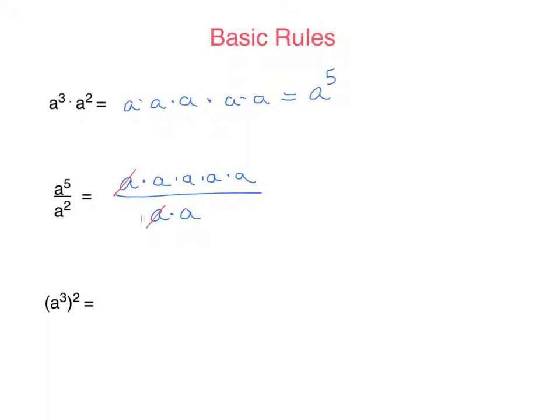This a and this a can reduce, and this a and this a can reduce. So what you really end up with then is an a to the 3rd over 1, or just a to the 3rd. Now usually the way I look at this, you can come over here and see, well, where did that come from? Well, basically I'm just subtracting those exponents.